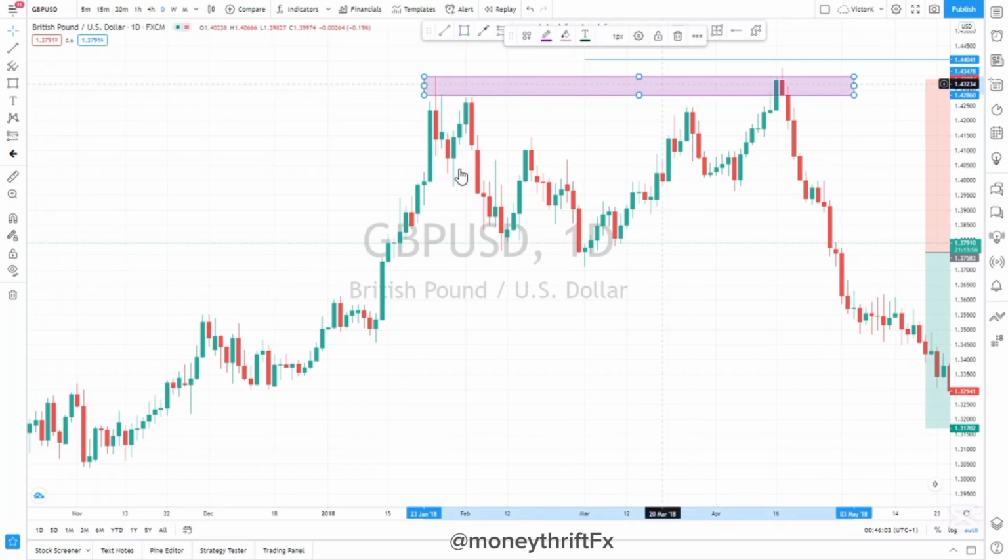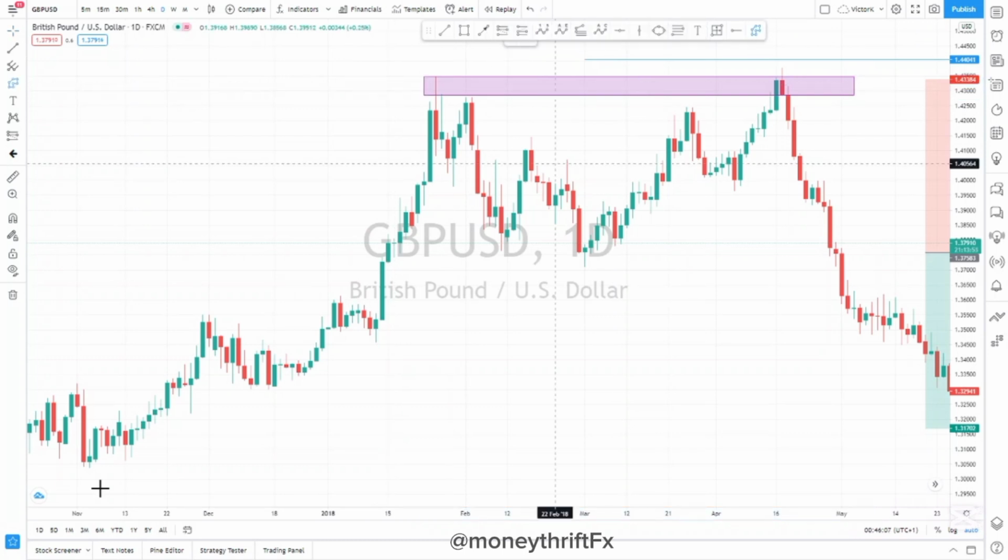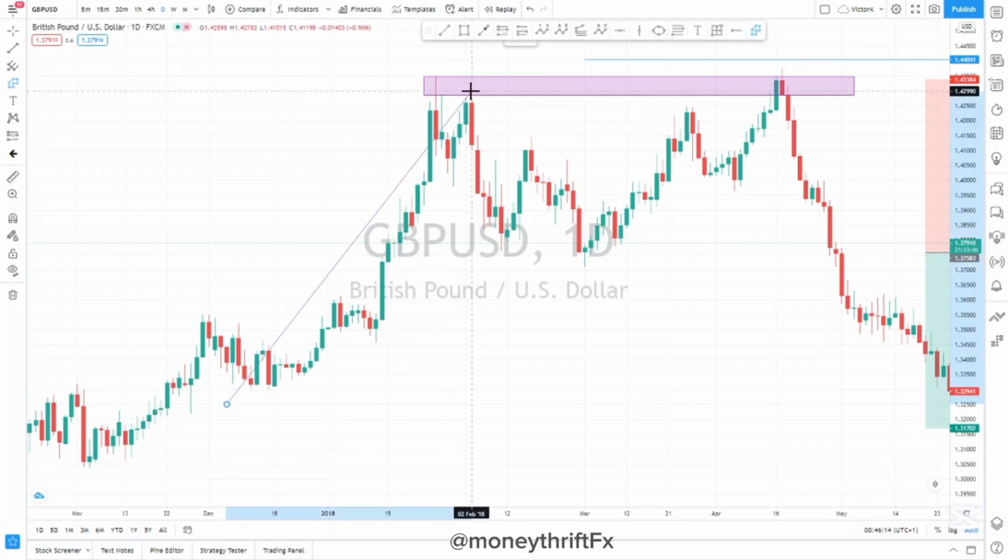Price was moving up, then it went up to a resistance level. After hitting the resistance level, it retraces, hits a support level, and after hitting the support level, it goes up again and hits around that same resistance level.